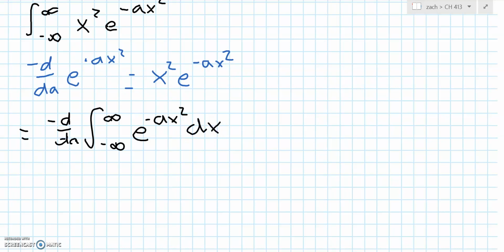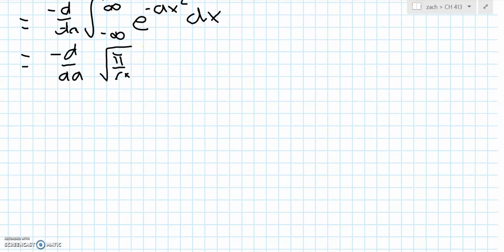But we already solved this in the last problem. So we know that this is equal to minus d/da, and this integral is just the square root of pi over a.